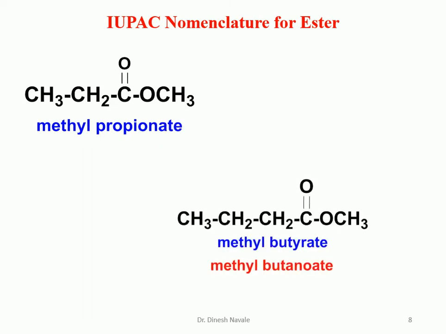We have to see what the alkyl group is, which is part of this alkoxy. So methyl is there, so we write methyl as it is, and the acid part is going to contain 1, 2, 3, 4 carbons. If it is 4 carbons, it is a butanoic acid. So butyrate, or it can also be mentioned as butanoate. So methyl butanoate will be the IUPAC nomenclature of this ester.